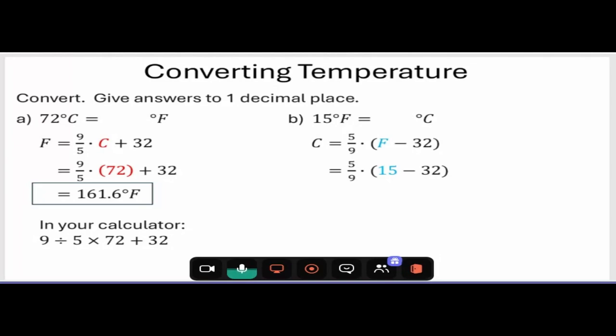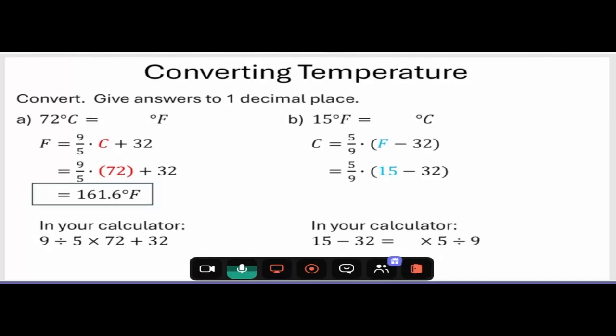Over here, we're going to plug in 15 for the Fahrenheit. And here we've got to do the subtraction first. So we're going to go 15 minus 32. You're going to press your equals button to get a number there. Then you're going to go times 5 divided by 9, right? Or if you want to work out the bracket first and then multiply by 5/9, by all means, you can take that extra step and write it down.